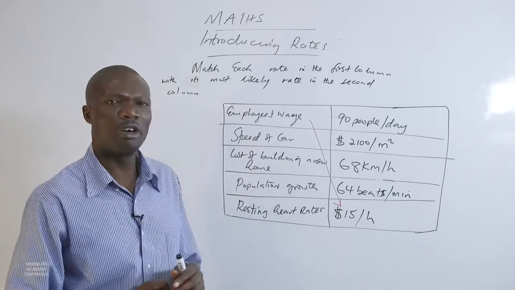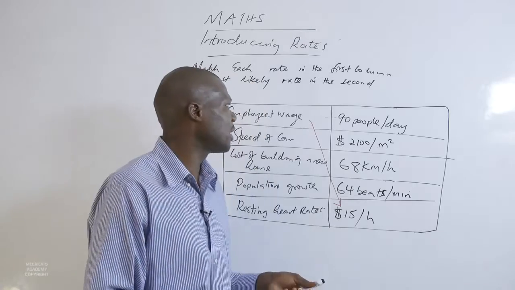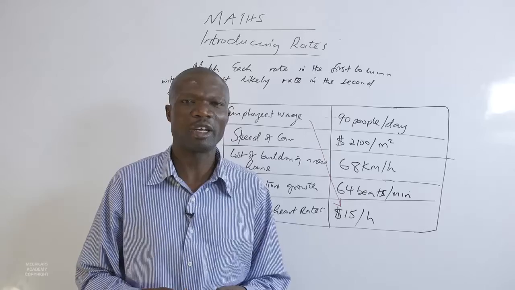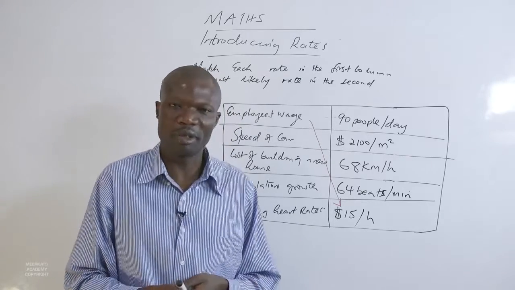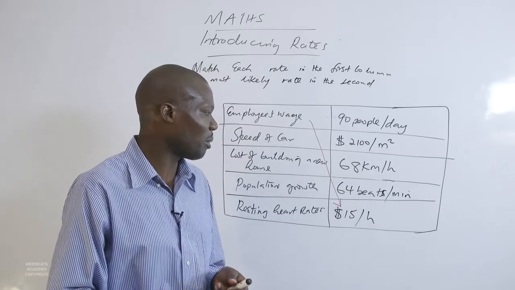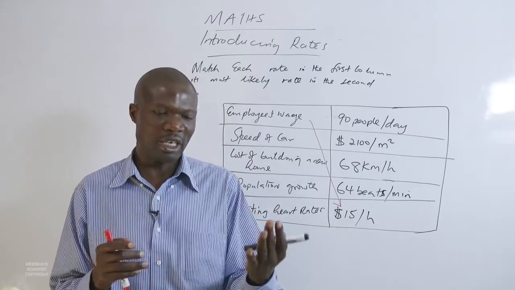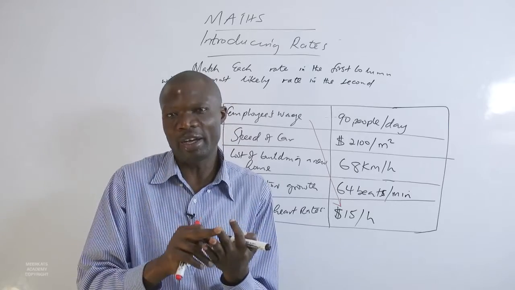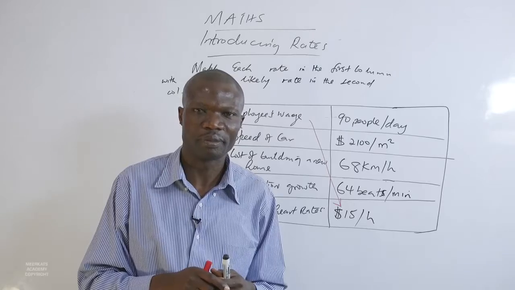Then, speed of a car. So we are done with this. The speed of a car, is it given as 90 people per day? Is it given as $2,100 per square meters? Is it given as 68 kilometers per hour? Is it given as 64 beats in a minute? This one has already been taken care of. The speed is usually measured either in meters, or in kilometers, or in miles, or in nautical miles, depending on what you are dealing with.